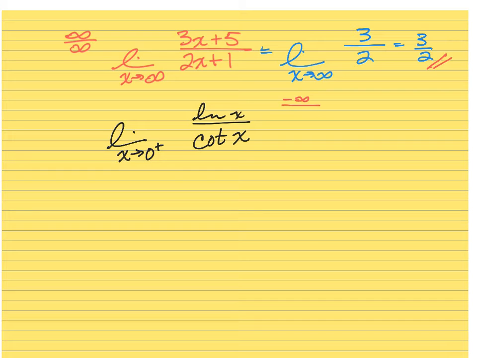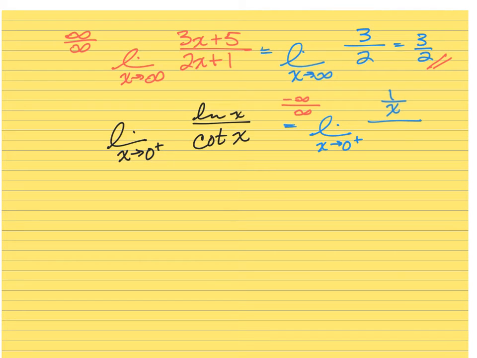And cotangent, because we've got an asymptote at 0 in the cotangent graph, goes to infinity, right? So again, we can apply L'Hopital's rule, which just says, since we've got that indeterminate case, just take the derivative. The derivative of natural log of x is 1 over x.